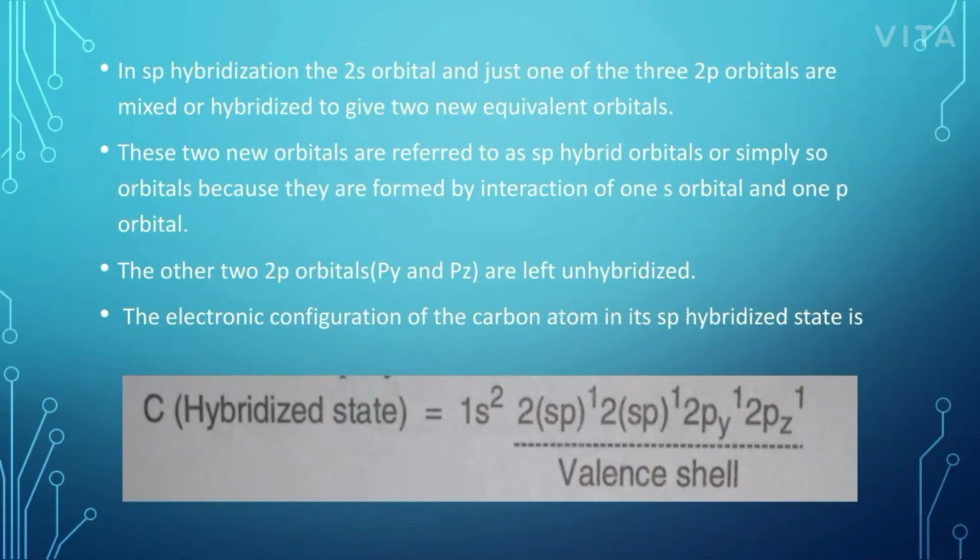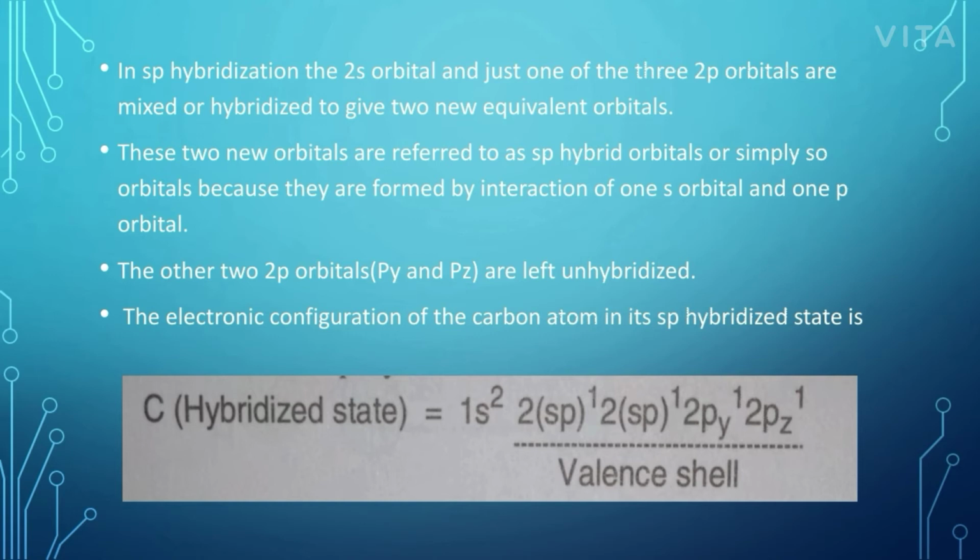In sp hybridization, the one 2s orbital and only one of the three 2p orbitals are mixed or hybridized with each other to form 2 new equivalent orbitals. These orbitals are called sp hybrid orbitals. The remaining 2p orbitals, that is py and pz, which cannot be involved in the hybridization process, are left unhybridized.